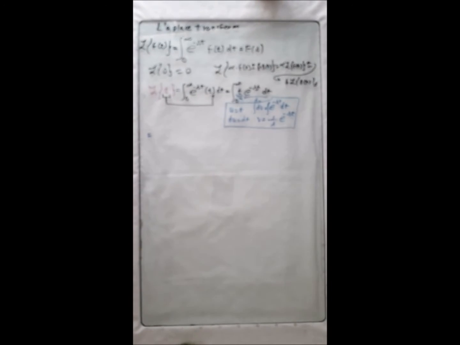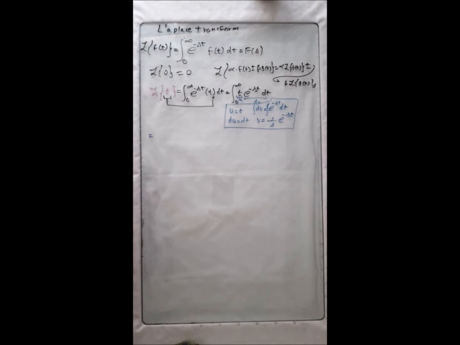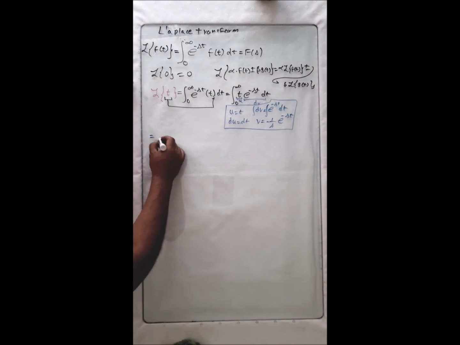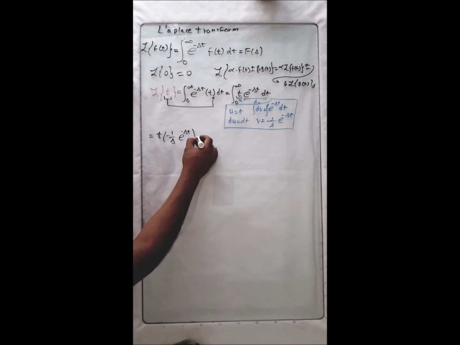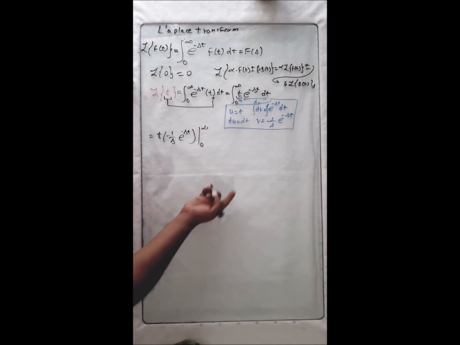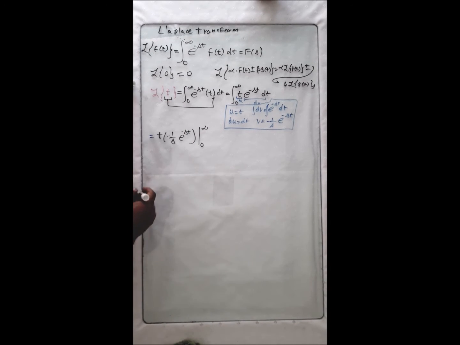According to the formula of integration by parts, it is going to be u times v, t times minus 1 over s exponential minus st from 0 to infinity. Don't forget that these integrals are definite integrals.